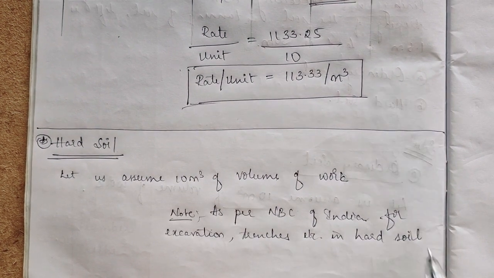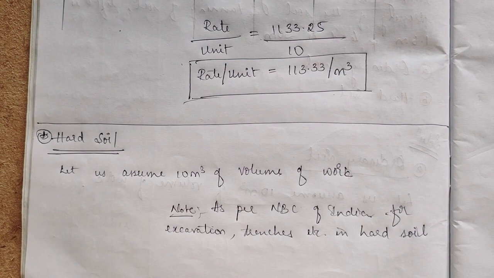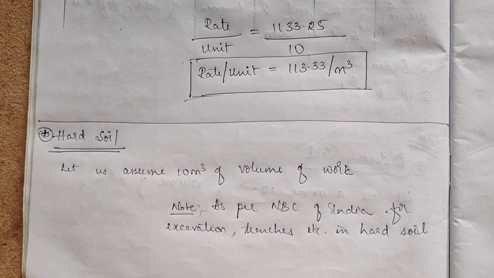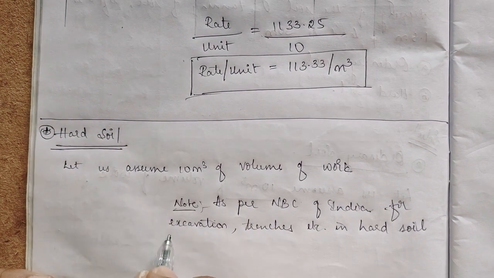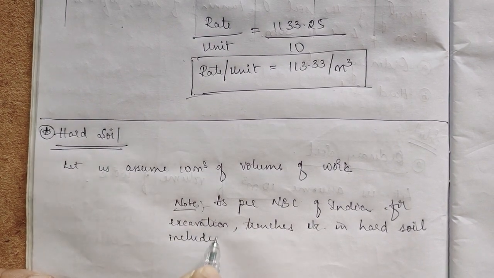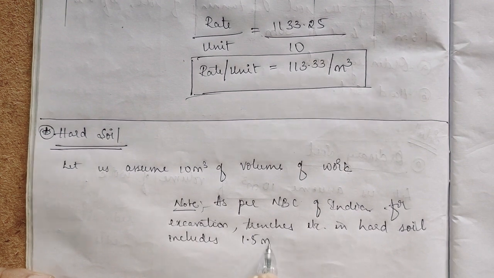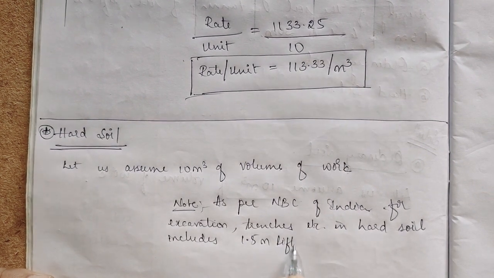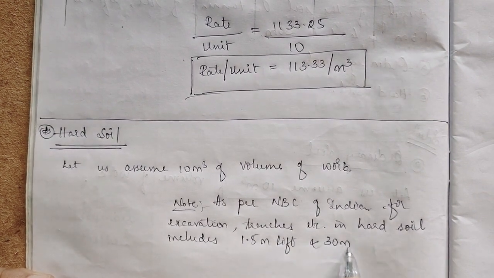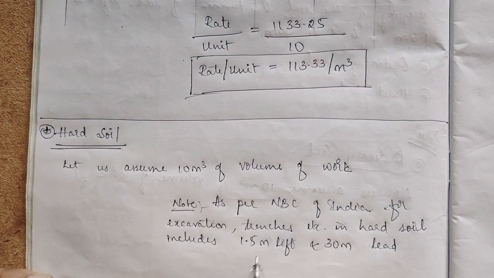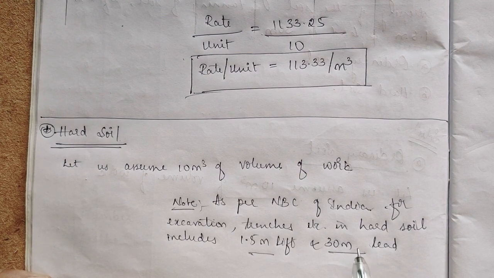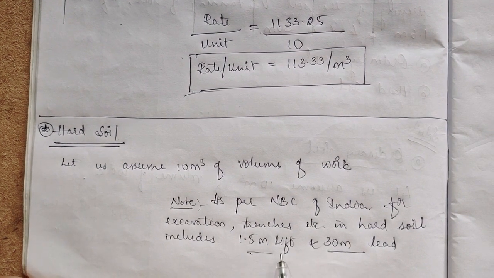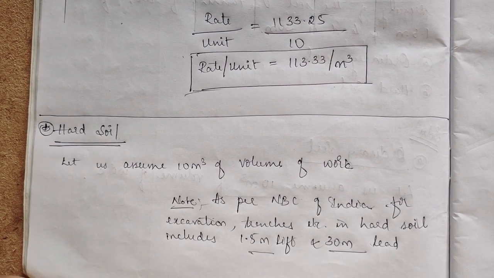So in ordinary soil you saw in the previous problem. Now for hard soil, which includes 1.5 meter lift and 30 meter lead. It is the value for 1.5 meter lift and 30 meter lead. If it is more than this, then we have to calculate again.